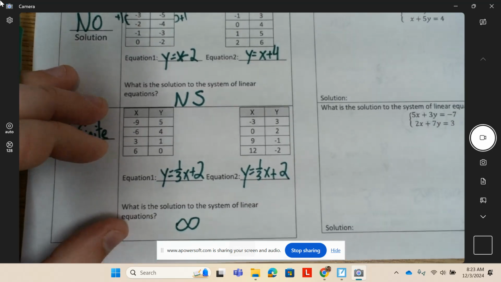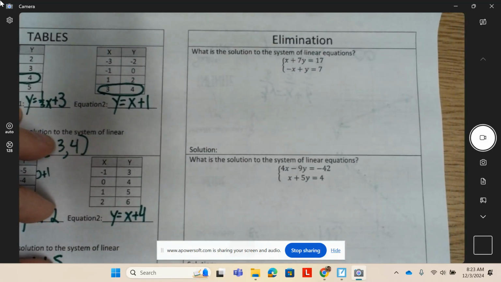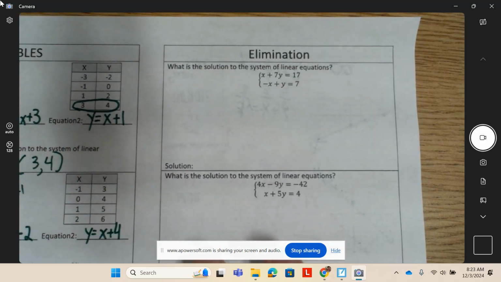Okay, our last way we're looking at today is going by elimination. So when it wants to know what is the solution to the system of linear equations, there are some tricks that we can use to combine these equations and add them or subtract them from each other to actually give us a solution.